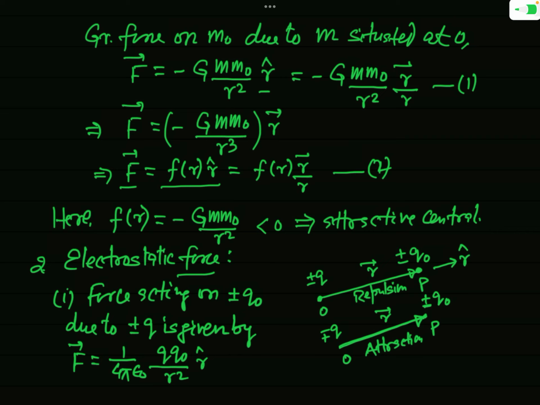Okay, now you can see that this expression may be equivalently written as F equal to 1 over 4 pi epsilon naught q naught over r square times r by mod of r. Okay, and let us say this is your equation 1.